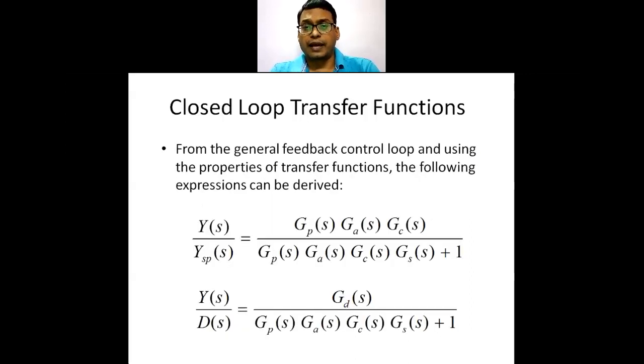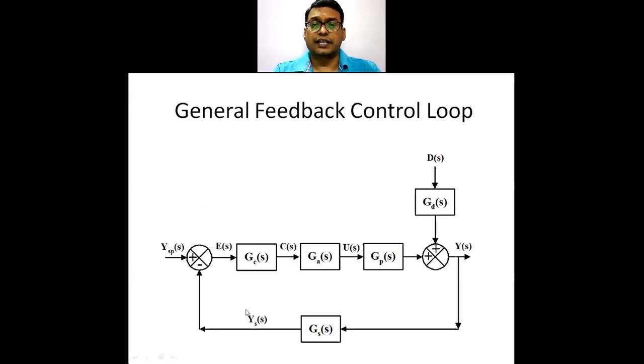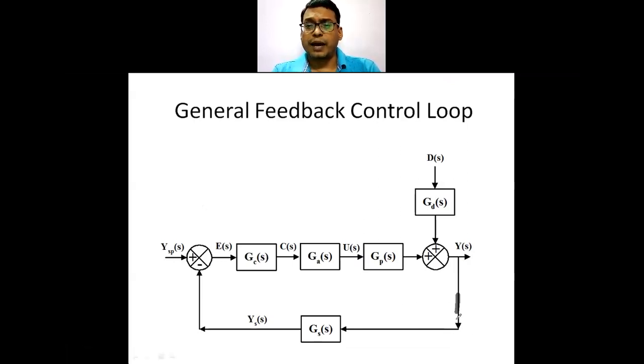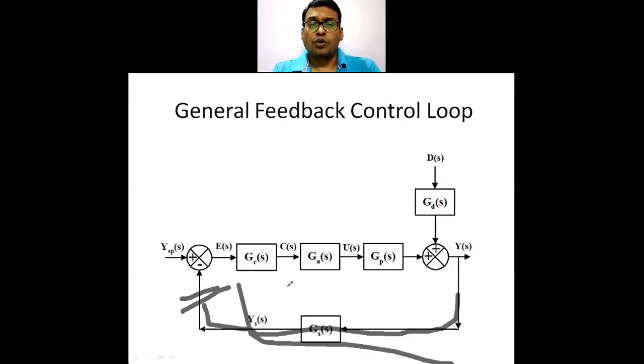This is our feedback loop, so we are disconnecting it from here and making it an open loop. So YSP, Gc(s), Ga(s), Gp(s), Ys and your Gm(s) will be there.